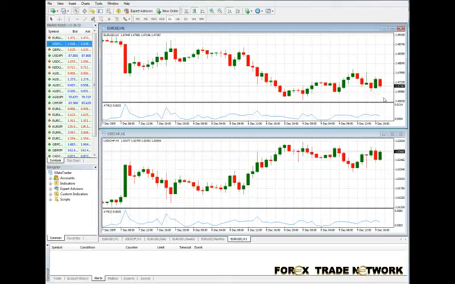So here, let's take a look here. Now let's see. Let's say we wanted to go short here. Okay. Now if we go short in the euro dollar US dollar, for whatever reason we choose to go short, we can offset some of that movement by also going short in the US dollar Swiss franc.